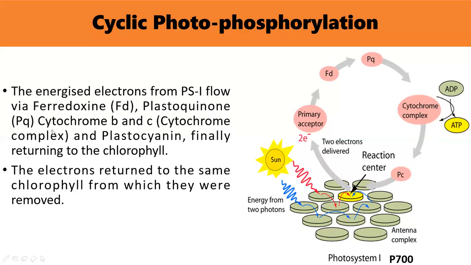The cytochrome complex has two different electron acceptors: cytochrome B and cytochrome C. While the electrons pass through cytochrome B and C, energy is released to form ATP. Once the electrons lose the energy, they pass to plastocyanin and finally return to the chlorophyll A molecule, which is called the reaction center. The electrons return to the same chlorophyll from which they were removed.